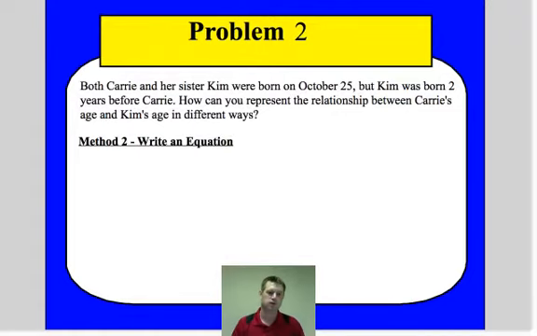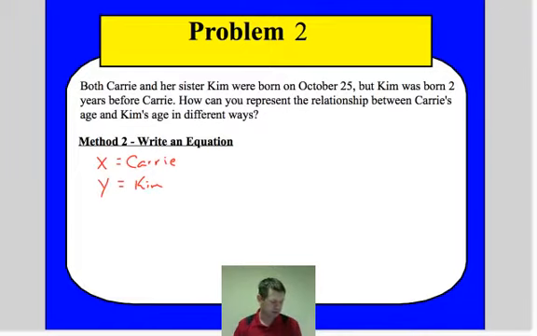Okay, method 2 is write an equation. So I left the story problem up there at the top, but we want to write an equation. The first thing we need to do is define a variable. Okay, so I put in your notes, let x equal Carrie's age. So we're going to say here that x equals Carrie's age, and let's represent y to be Kim's. Okay.